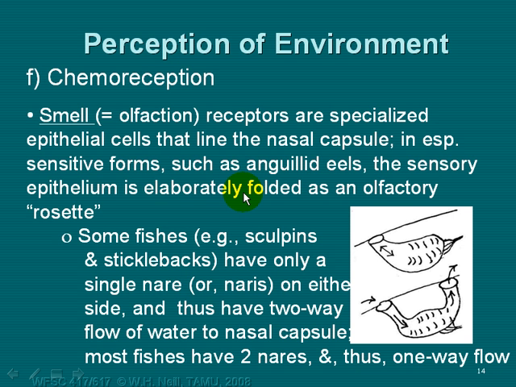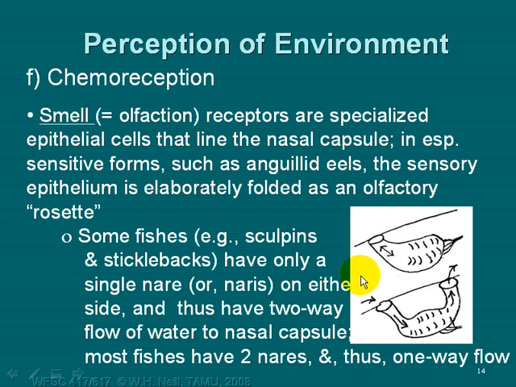Some fish have two-way access to, in other words, their olfactory capsule is a blind sac. Fish like sculpins and sticklebacks have only a single nostril on either side, or nares.